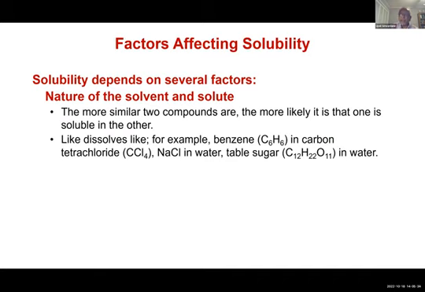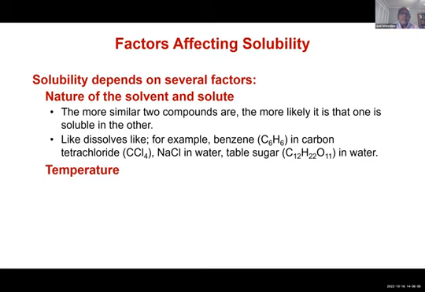They can both hydrogen bond to each other. Therefore, table sugar is soluble in water because hydrogen bonding can take place between water molecules and sucrose OH groups.